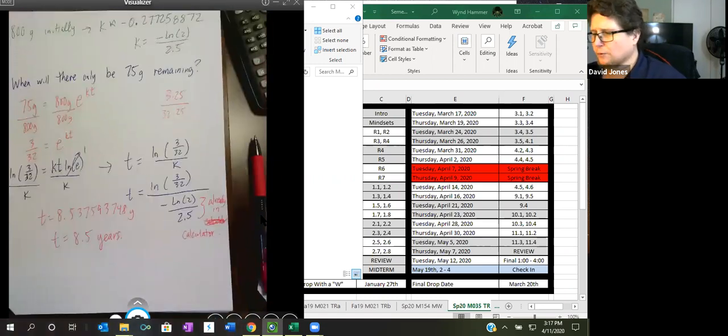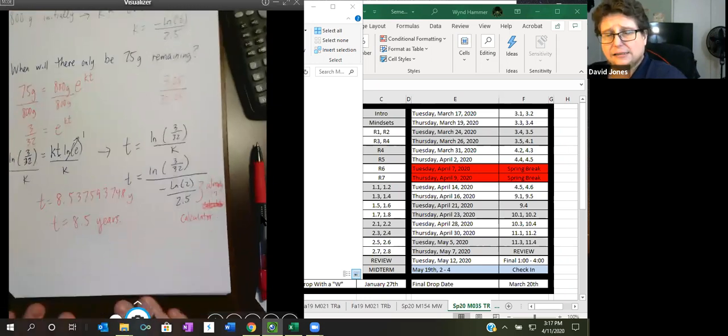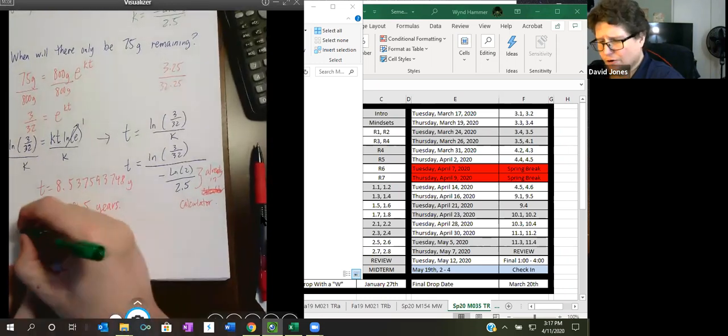So that's an example. Once you've found K, you can figure out how long it's going to take to end up with a specific value. Where do we use stuff like this? Have you heard of Chernobyl?